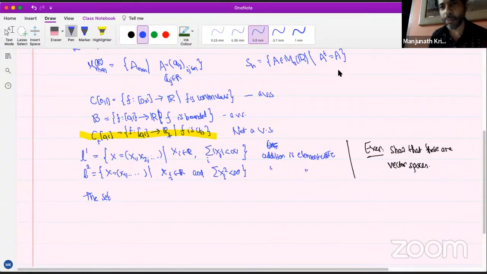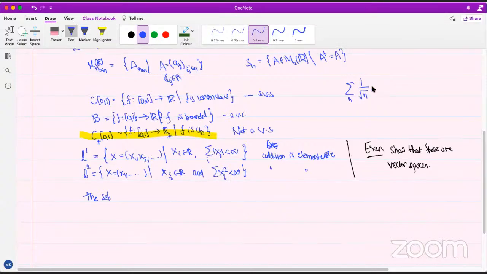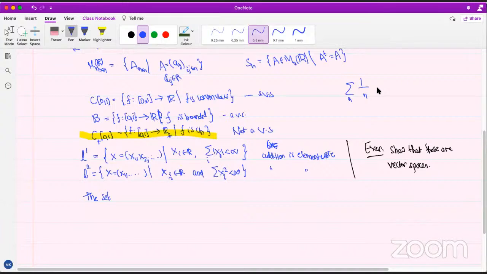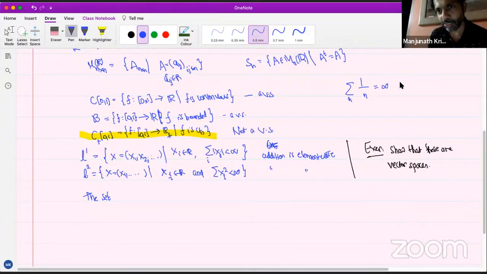So here is an example. Look at 1 by square root of n. What is that? Divergent. Sorry, I should not have taken 1 by square root of n. Let's take summation 1 by n. Does it converge? No, it does not converge. So this is infinity.